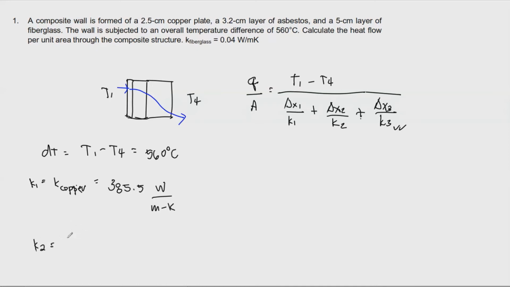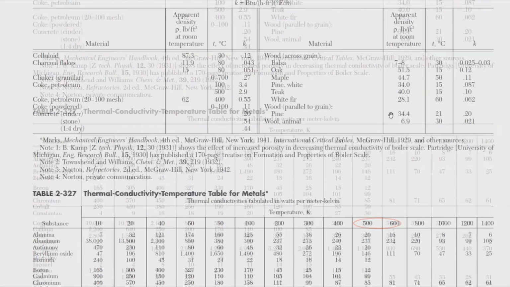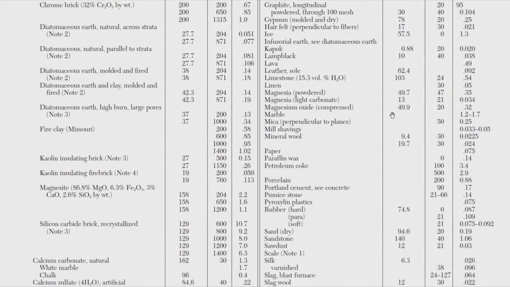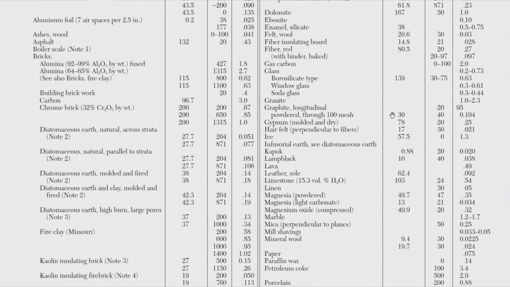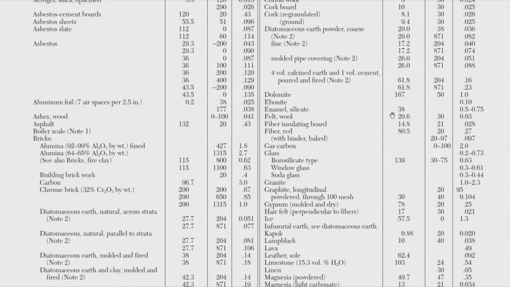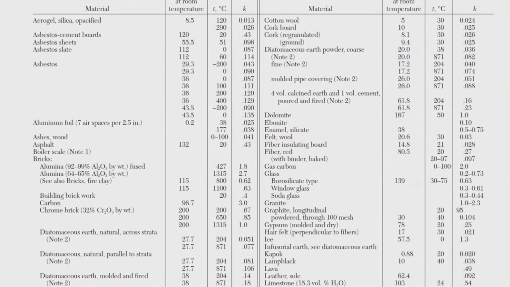Now we proceed with K2, which is our asbestos. Before, we obtained asbestos using some kind of linear equation derived from our table, but now, since it will be very difficult for us to integrate those kinds of equations, we would simply assume a value for our asbestos. The best way we can assume that is to check on this temperature first. So asbestos is around the middle of our material.